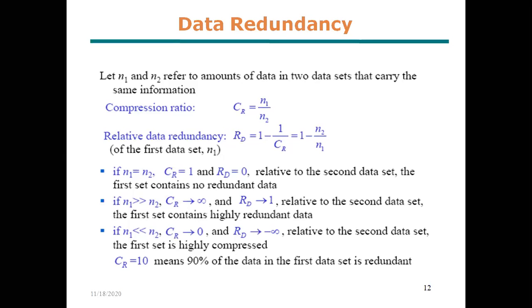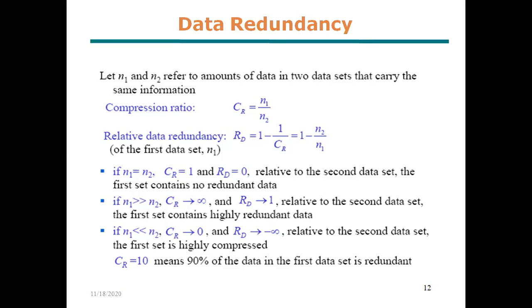For example, if N1 is equal to N2, that means there is no variation in the data in the original image or in the decompressed image. Both have the same information. Then CR is equal to 1 only, because if you substitute N1 equal to N2, we get CR equal to 1.